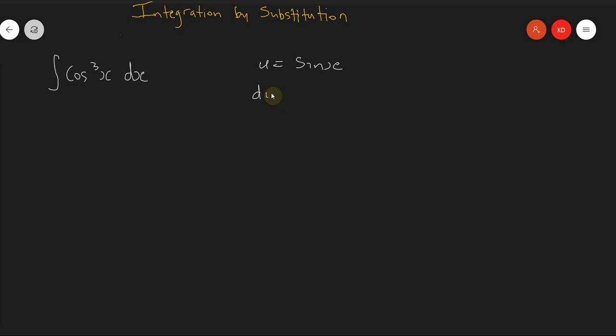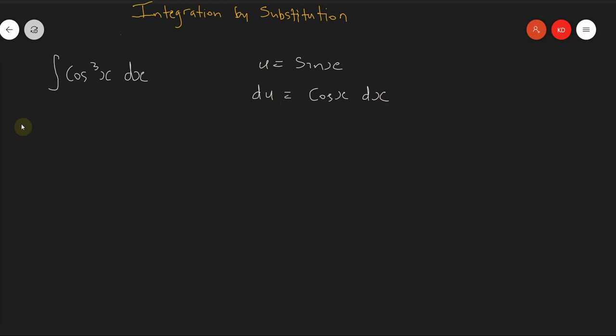So du would be equal to cos x dx. Okay, now let's head back to our problem here.